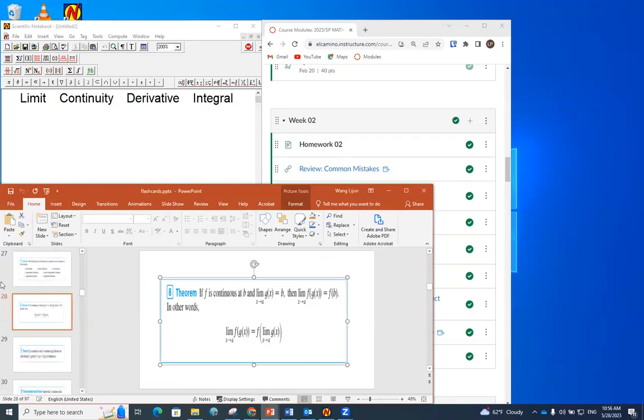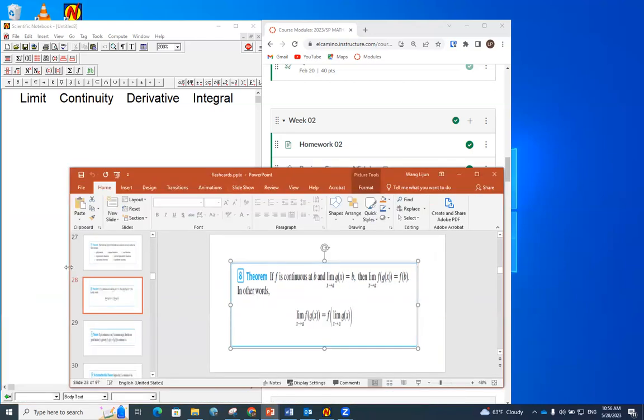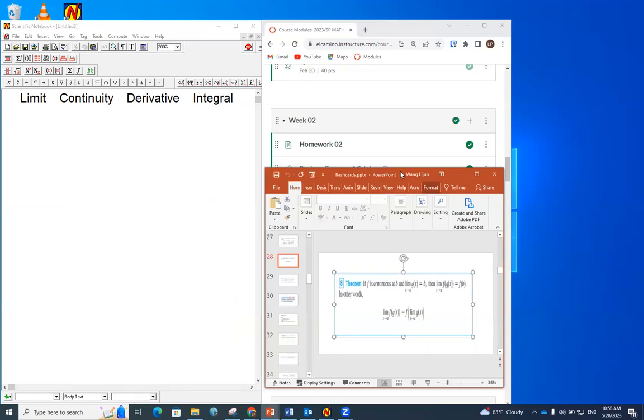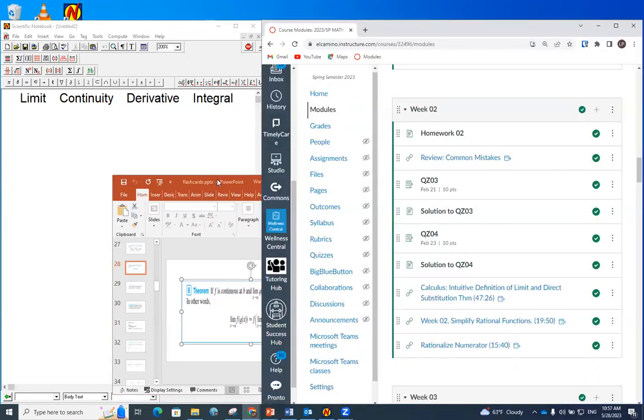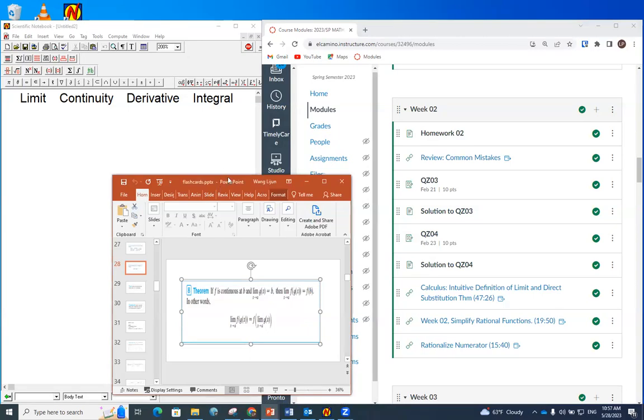Maybe I put it right here, to see if you can see that. I'll put it in the middle.